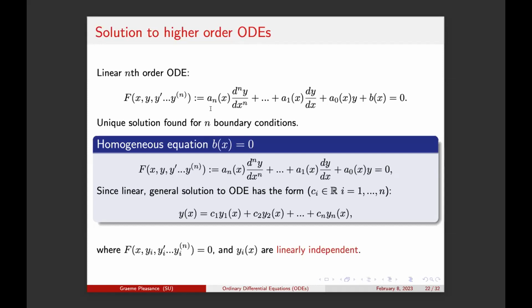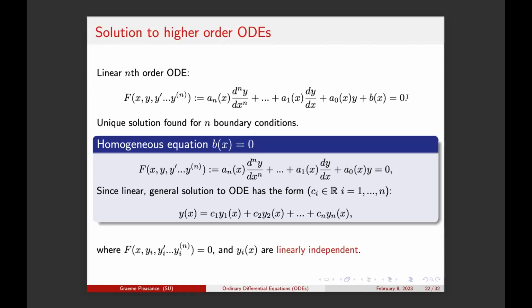And we discussed the fact that if we want to attain a unique solution to an nth order ODE, then the solution will in general depend on n unknown constants. And so we generally need n boundary conditions or initial conditions to obtain a unique solution.